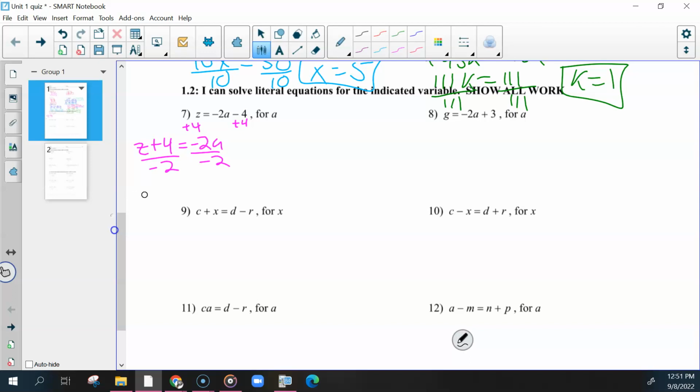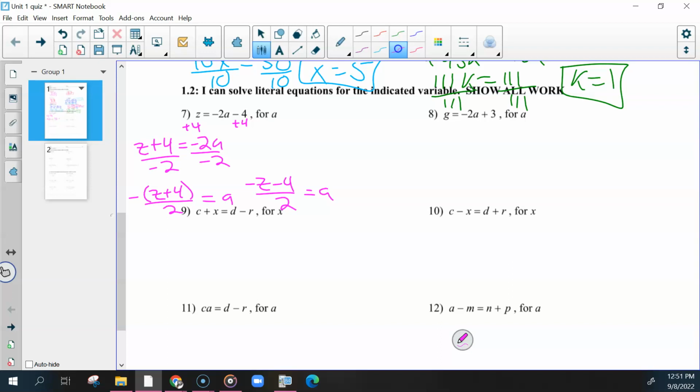Put the negative out front, but maybe put these in parentheses. That would be acceptable. Put the negative in front. Don't use parentheses, but then you'd have to change your signs. So negative z minus 4 over 2. That would be an acceptable answer.